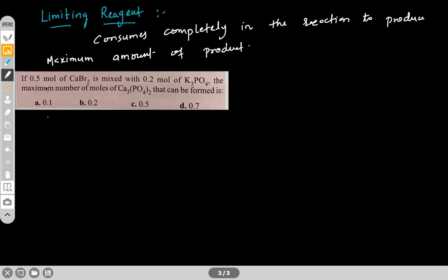Okay, fine. 0.5 mole of CaBr2 is mixed with 0.2 mole of K3PO4. Okay, so let's write down the reaction first.